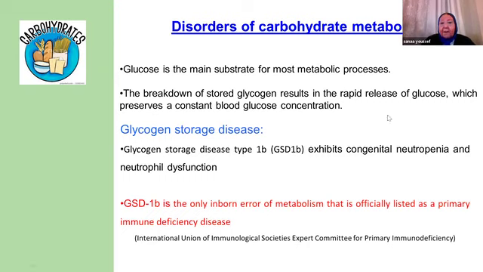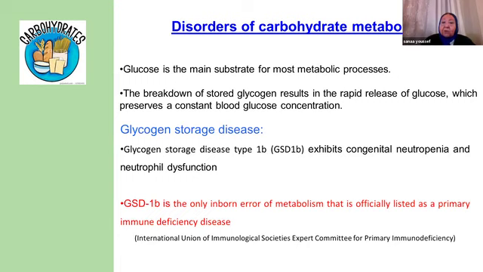As an example of the disorders of carbohydrate metabolism, one of the most common is glycogen storage disease, specifically glycogen storage disease type 1b, which exhibits a congenital neutropenia and neutrophil dysfunction.